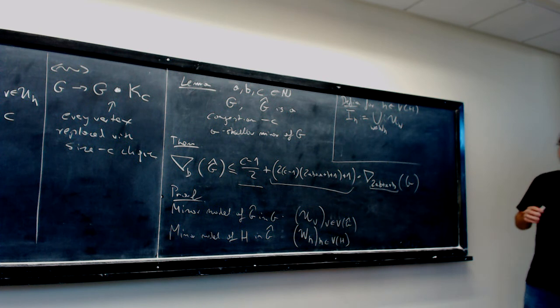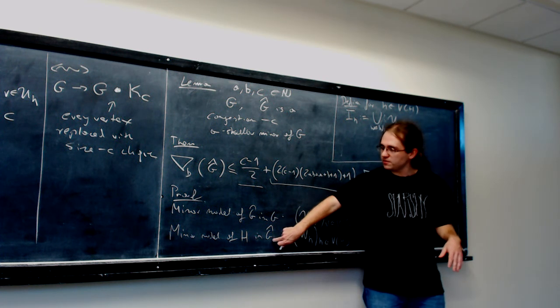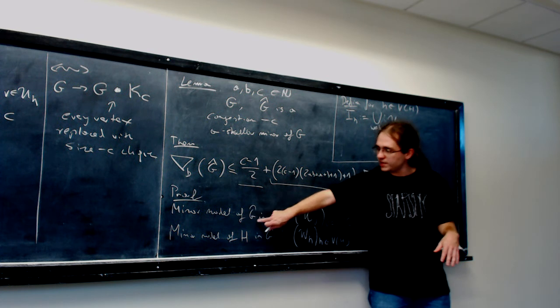Okay, so the picture is like the branch set here actually is a collection of branch sets in this minor model.